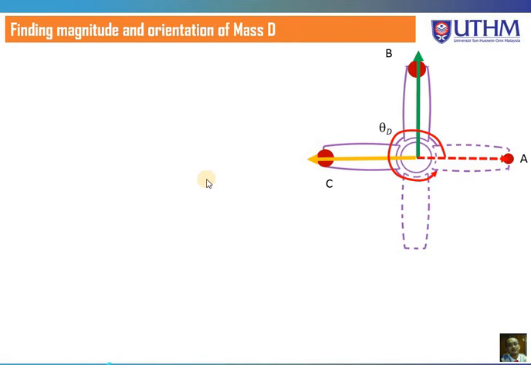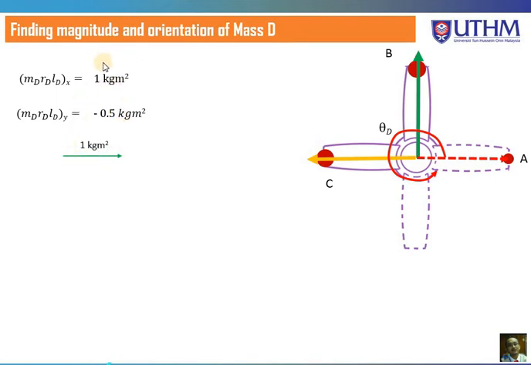So how to find the magnitude and orientation of mass D? As you know just now, the moment at the x-axis created by D is 1 kgm, and at the y-axis is negative 0.5 kgm. Let's draw the triangle of this.